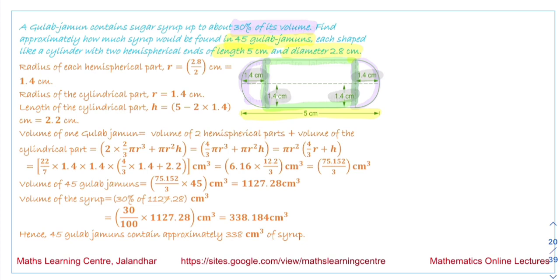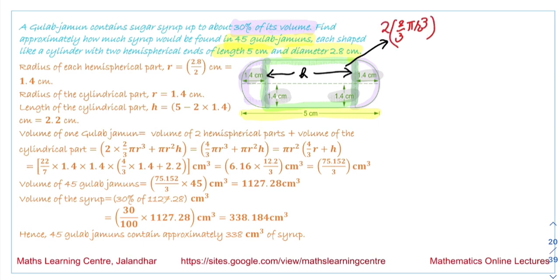So we have to calculate the volume of this. For the volume, suppose this length is h. The volume of the two hemispheres is 2 by 3 pi r cube. This is the volume of one hemisphere.